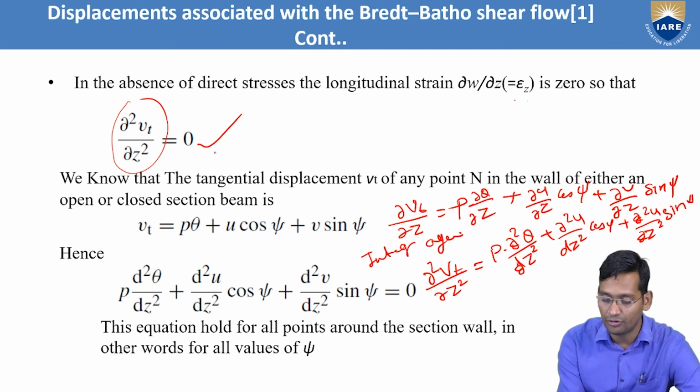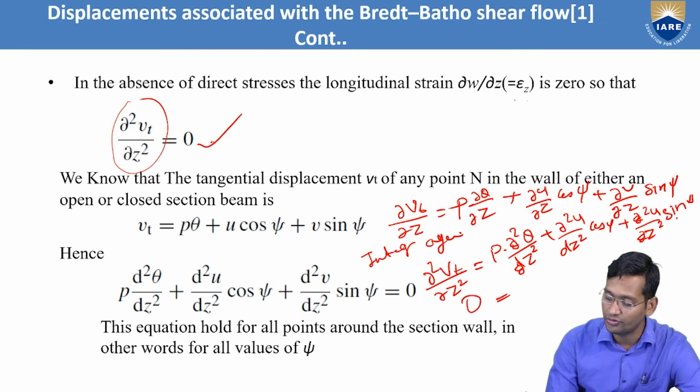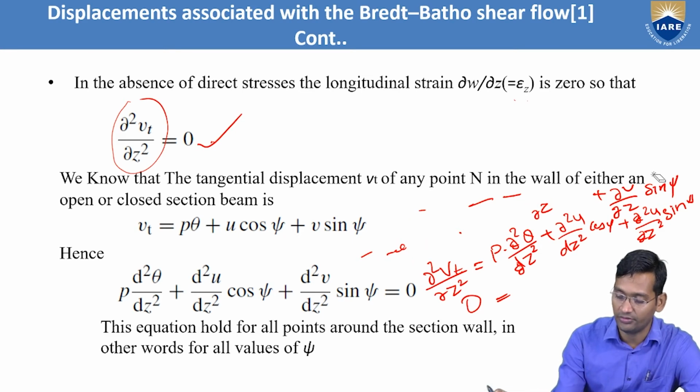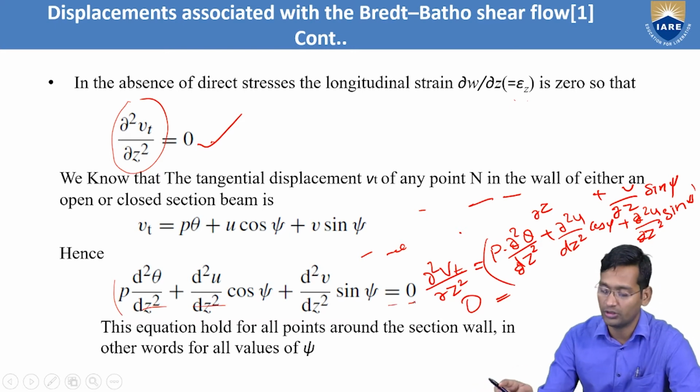From here, this term is 0, so can we write 0 equal to this whole term? Yes, just see, this whole term is equal to 0.